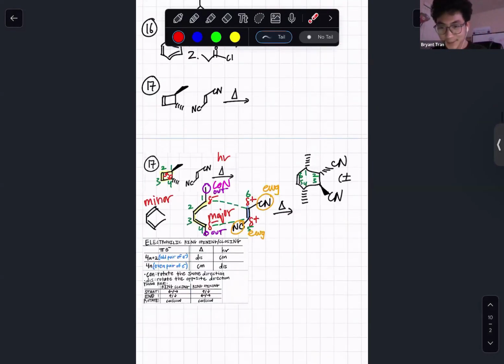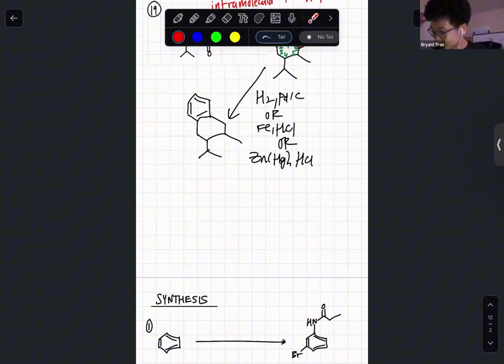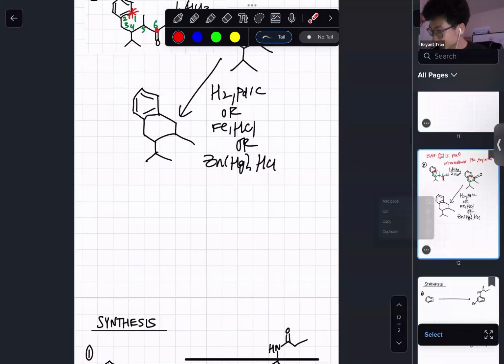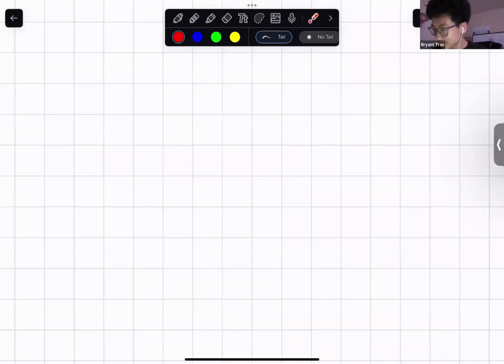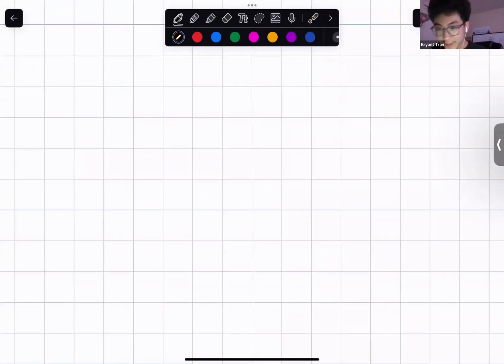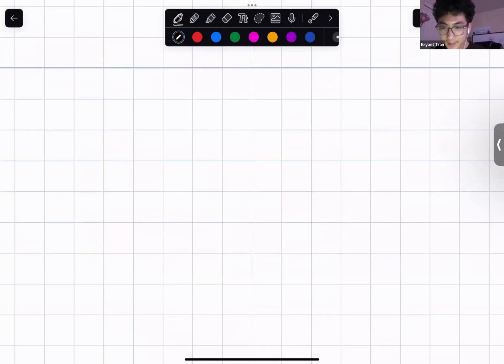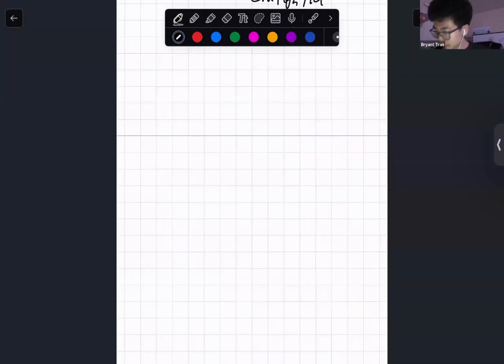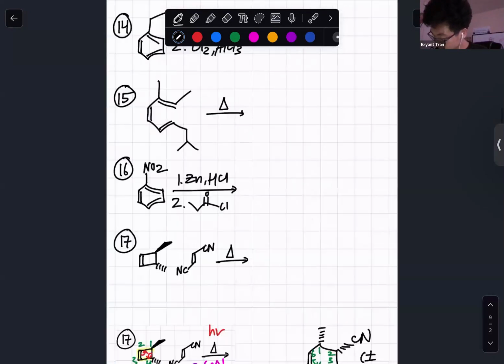Yeah. So before we move on to the synthesis problems, let me show you guys these reactions here. How to not mess up with in-out group orientation when flipping molecules in those other reactions. Number 16. Okay, yeah, let's see.